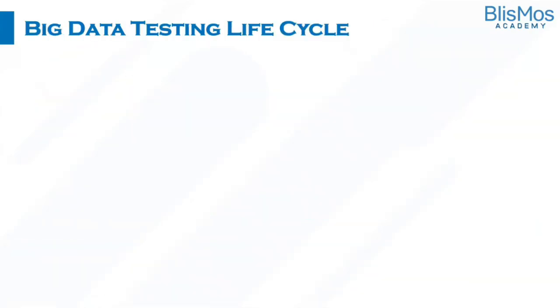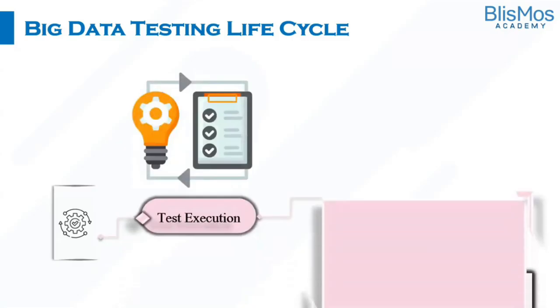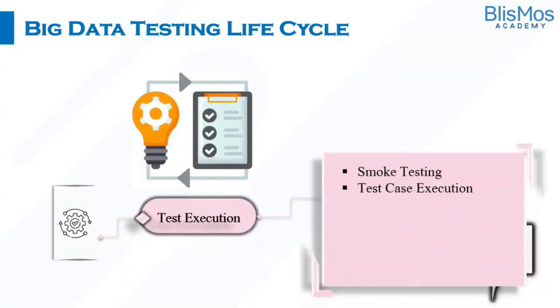So far, in the big data testing lifecycle, we understood requirements, we understood planning, and also we understood preparation. Why are we doing all these things? To execute the test cases and find out whether the data pipelines are built as per the requirement or not, whether the data pipelines are performing the right transformations or not.